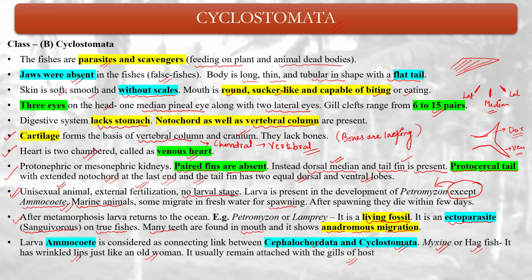Okay. The ammocoete larva is basically a connecting link between Cephalochordata and Cyclostomata. Example, Myxine or hagfish. Okay, it has wrinkled lips just like an old woman, and it remains attached to the gills of the host. Okay, so is it clear?